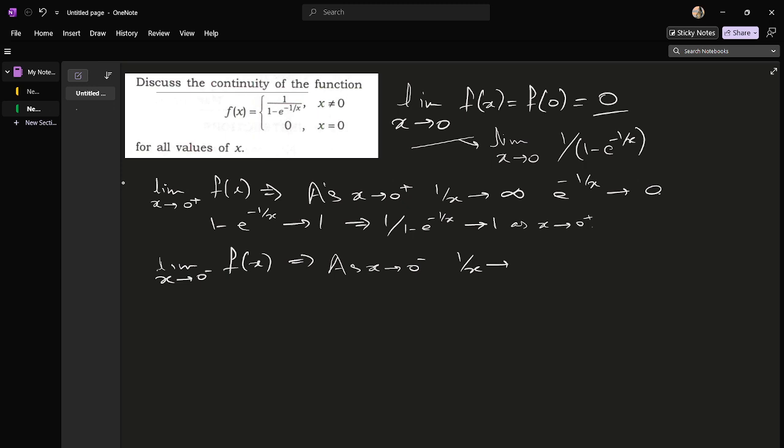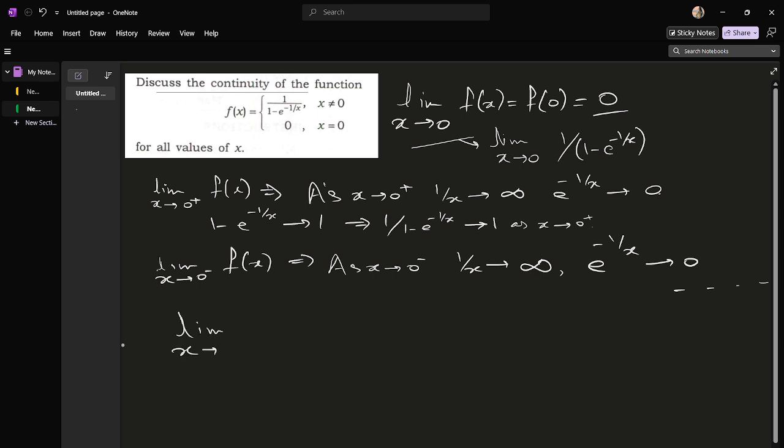The same kind of case happens. So limit x tends to 0 plus f(x) is equal to 1, and limit x tends to 0 minus f(x) is also 1.